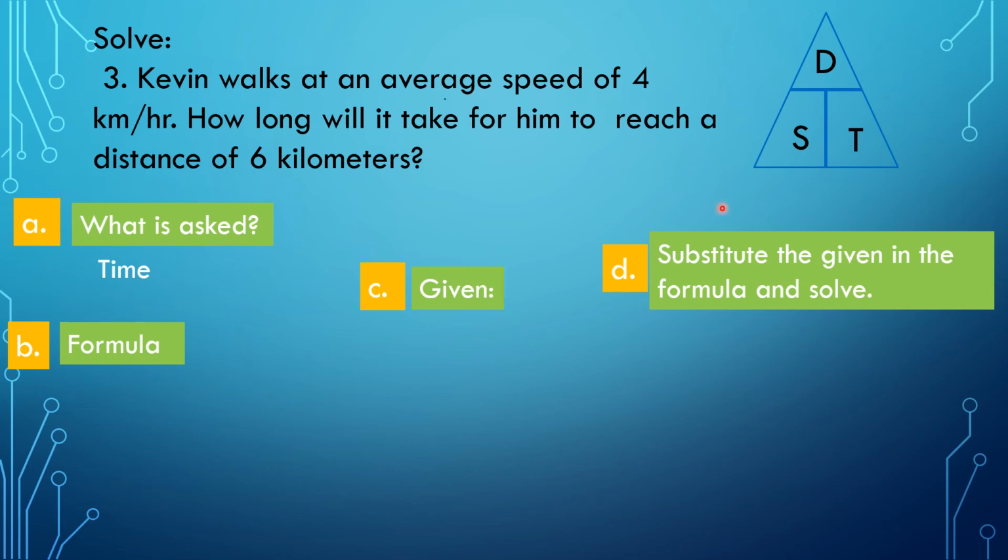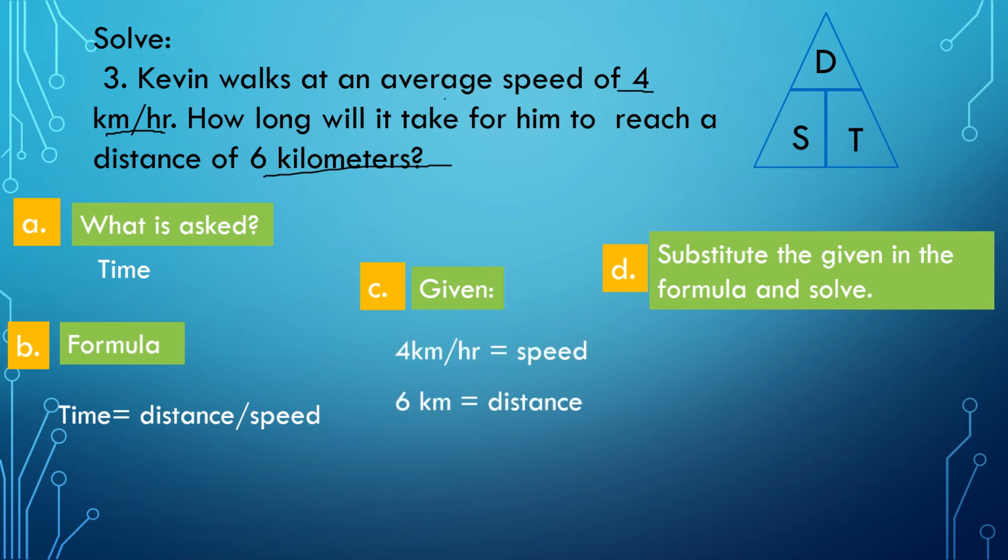That is T is equal to D over S, or time is equal to distance over the speed. Now, what are the given here? So we have a speed of 4 kilometers per hour, that's the speed, and 6 kilometers, that's the distance.